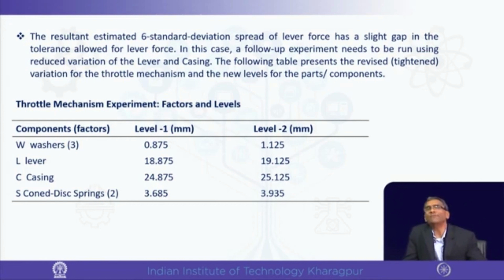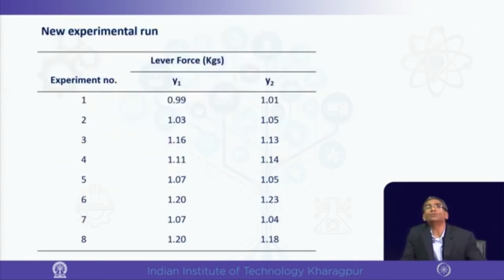Now, what happens? With this new dimension, we have to again run that experiment, as I said, and see whether it works. So, again the new experimental run is done and these are the values. So, it is an iterative process. Now, how many times you do it, no new information or knowledge you require, you only have to carry out the experiment.